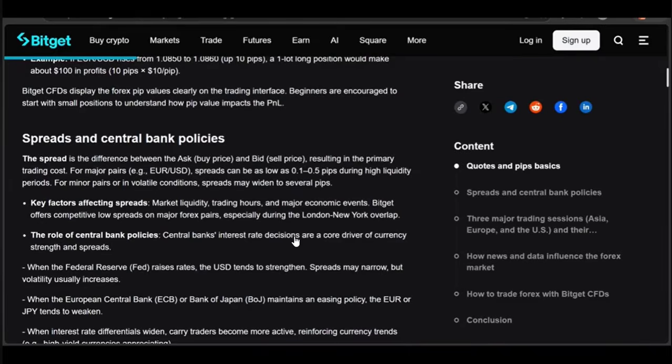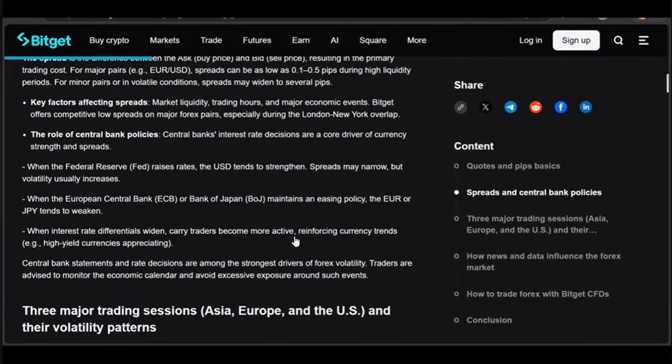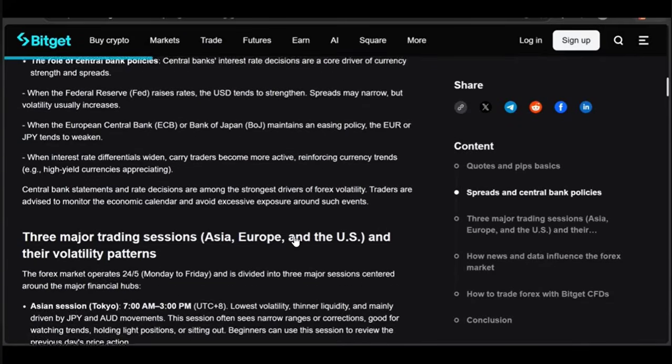Now let's quickly understand what CFD actually means. CFD stands for contract for difference. Instead of owning the actual currency, you are just trading the price movement.